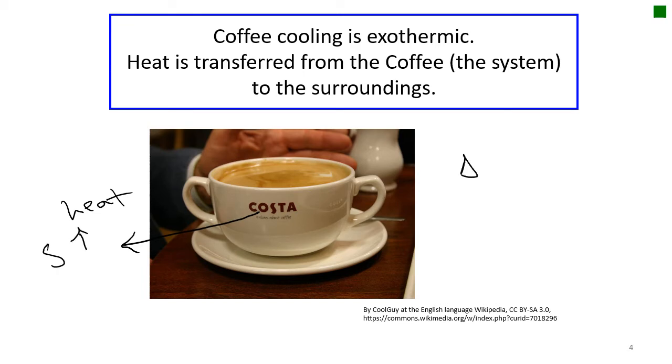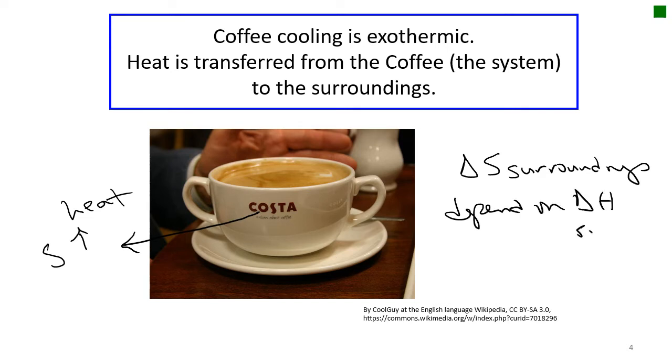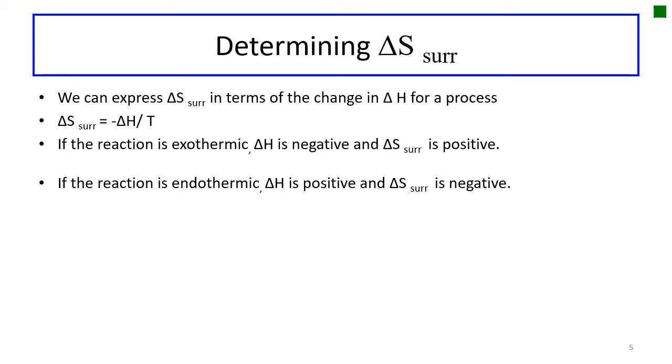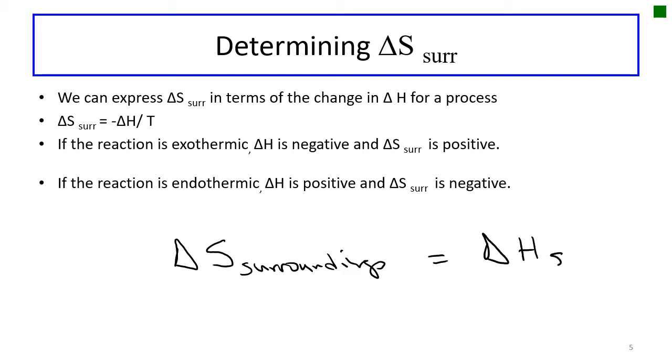So the change in entropy of the surroundings is going to depend on the delta H of the system. And we're going to say that delta S of the surroundings is going to depend on the delta H of the system.